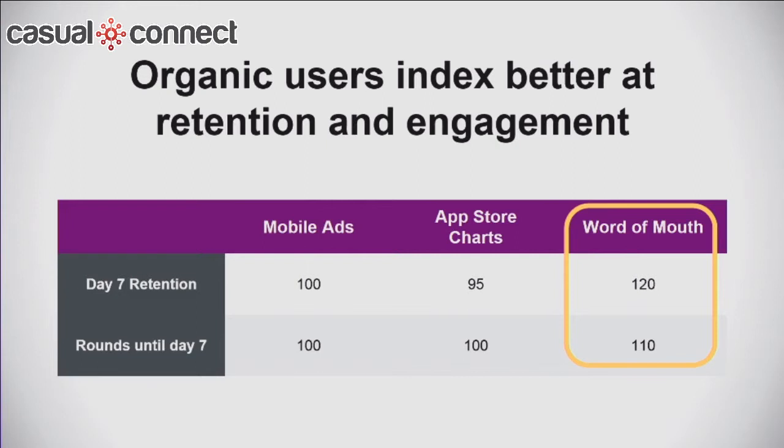Not on monetization, but on retention and engagement, they over-index pretty significantly compared to paid users, and we are optimized in our paid user acquisition. I thought that was pretty interesting. It kind of makes sense. If a friend tells you about a game, or you hear about it on the internet in a non-commercial setting, it's a self-selection which works.